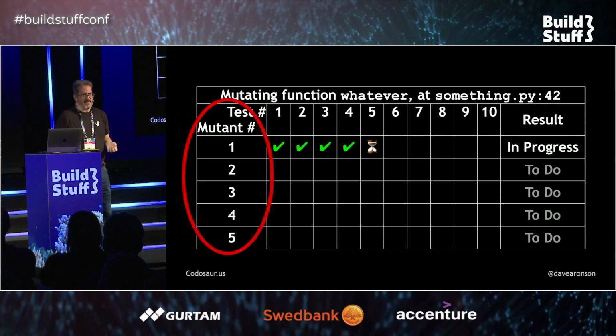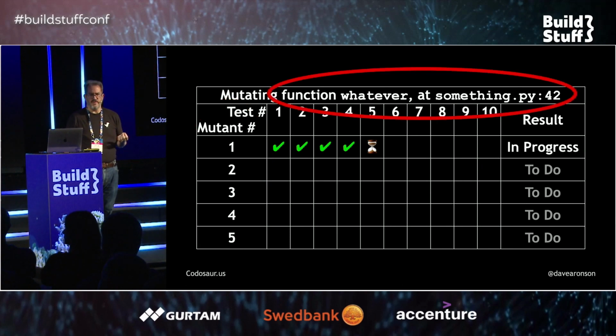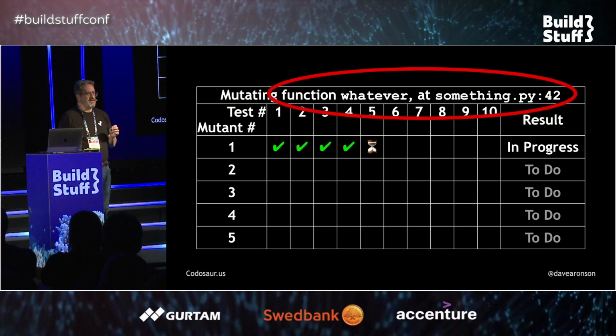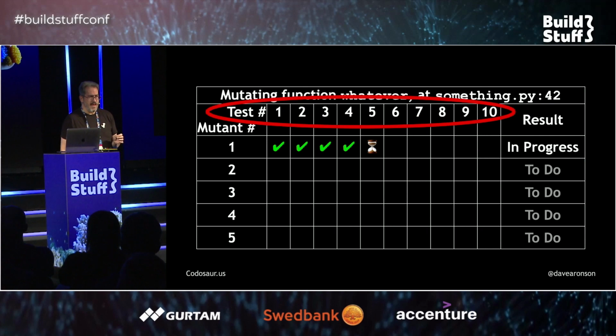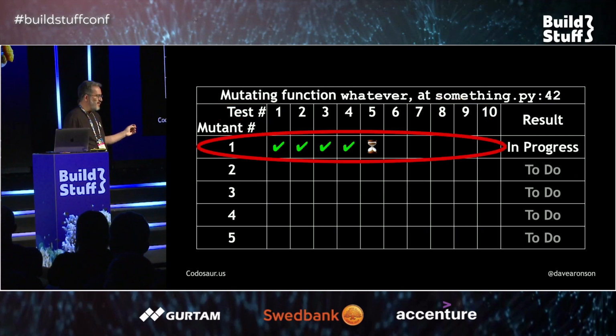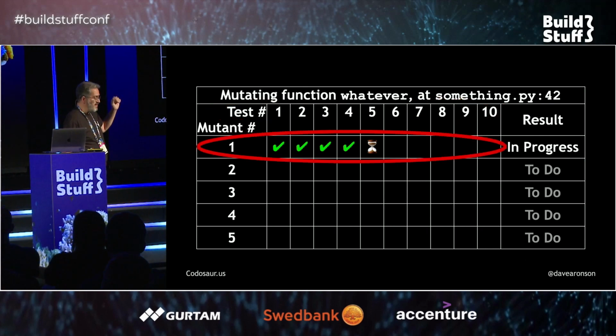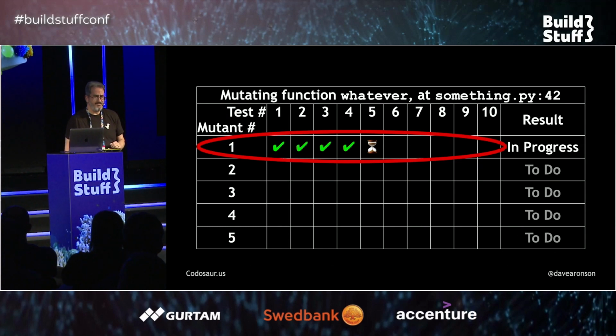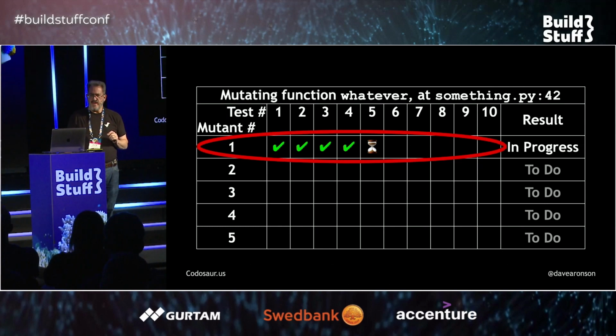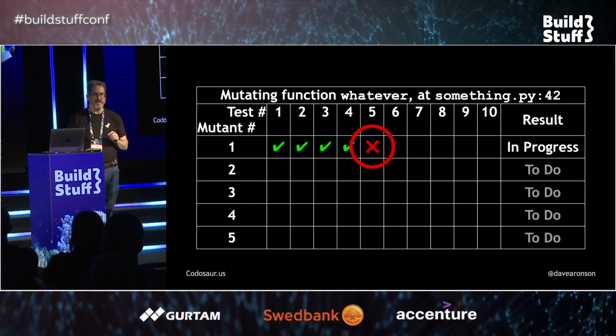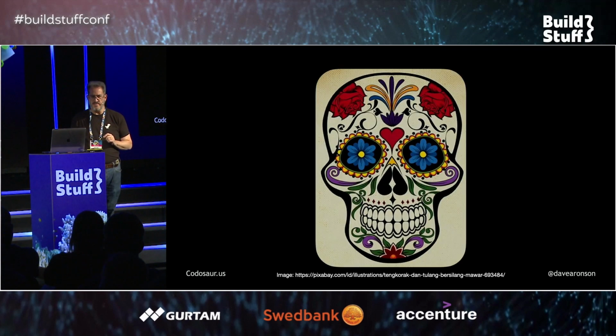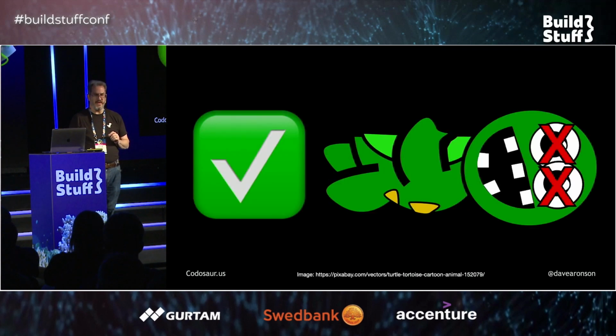For each mutant derived from a given function, the tool runs the function's tests, but it runs them against the current mutant instead of the original function. If any test fails, this is called killing the mutant, and it's a good thing.